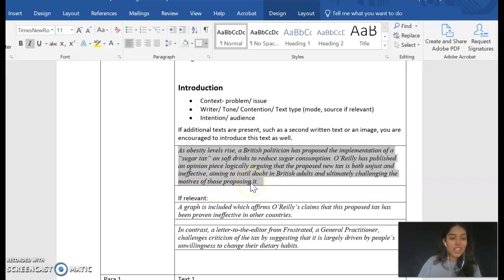That's his purpose. He's trying to challenge the motives of those proposing this tax. Can you see how all of that is ticked off in 2 sentences? So it doesn't have to be super long at all.